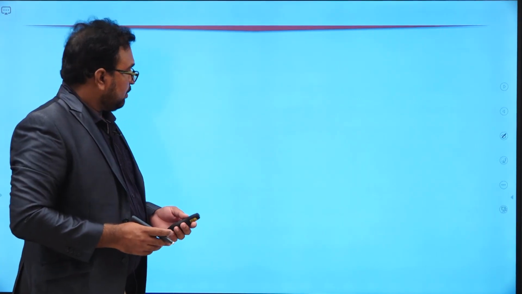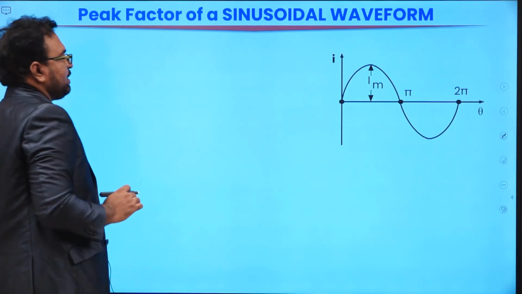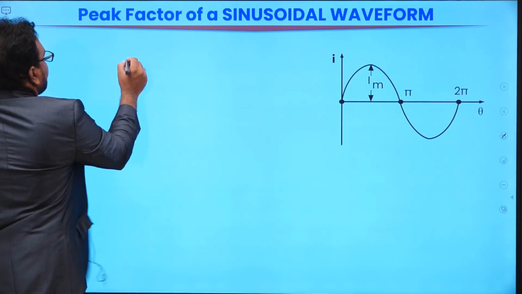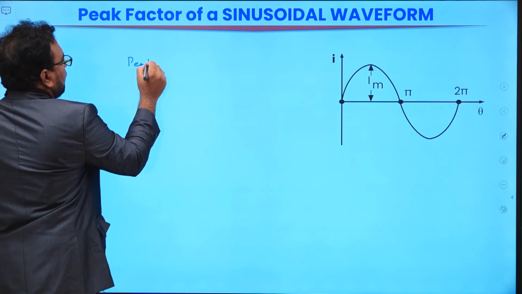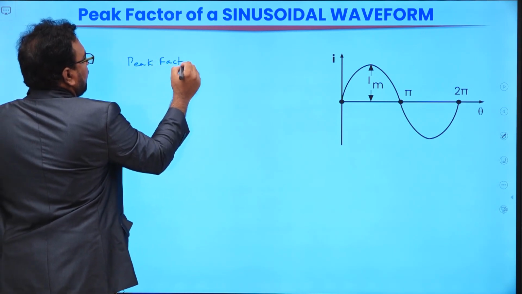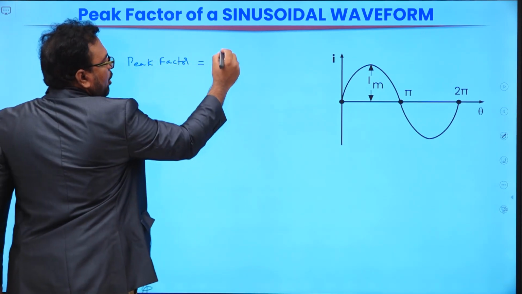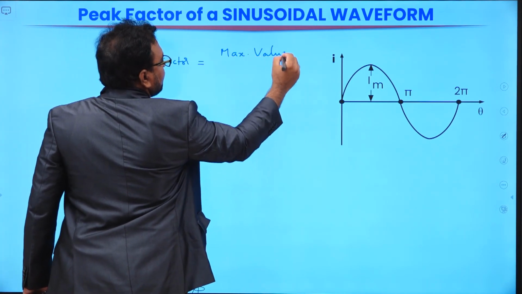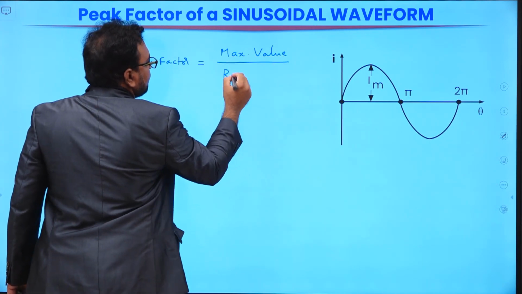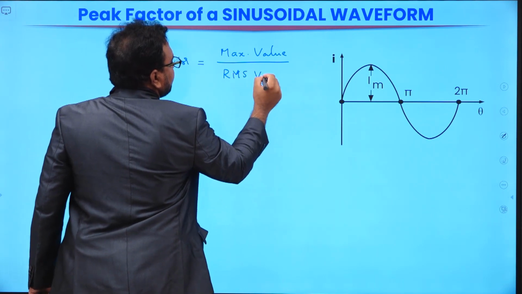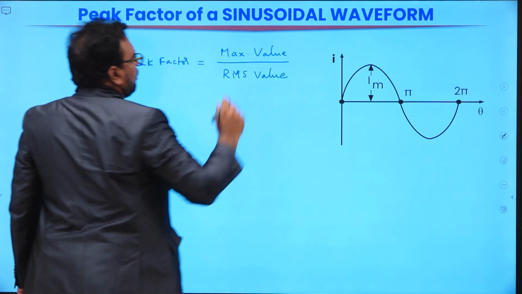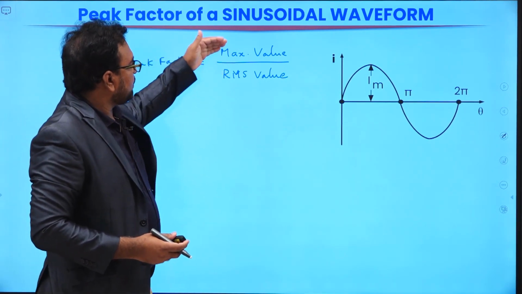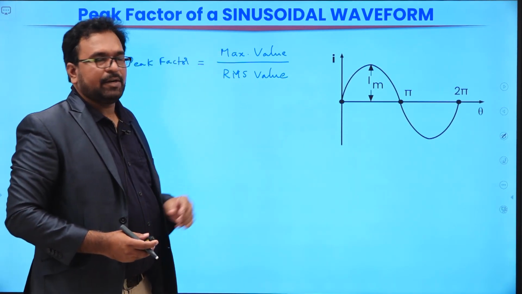And finally, the peak factor. What is the definition of peak factor? Peak factor is nothing but the ratio of maximum value to the RMS value. According to the definition, the peak factor is the ratio of maximum value to RMS value of an alternating quantity.